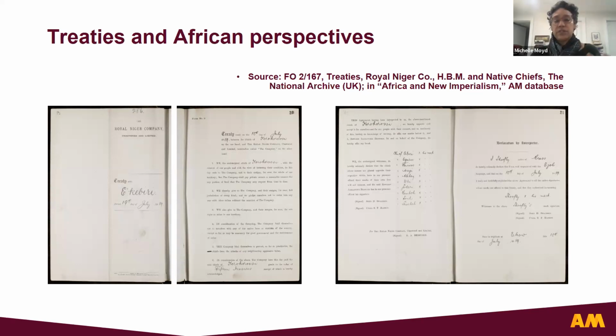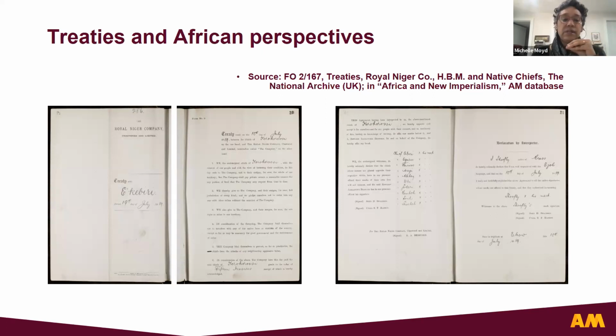What I found interesting about this file is that it shows many different examples of treaties that were signed between the RNC and indigenous peoples in what is now Nigeria.